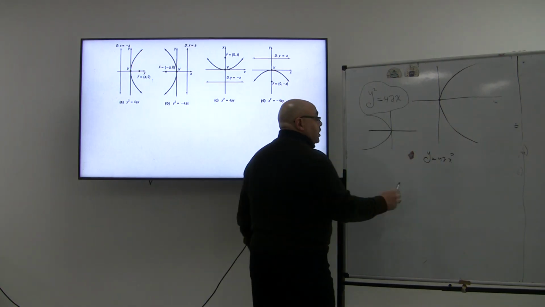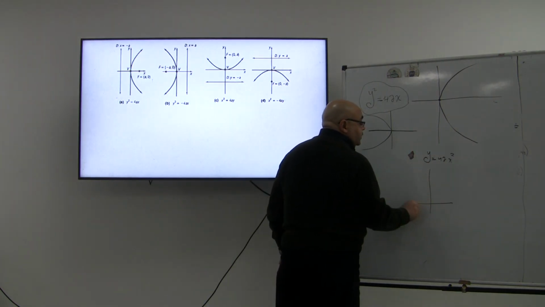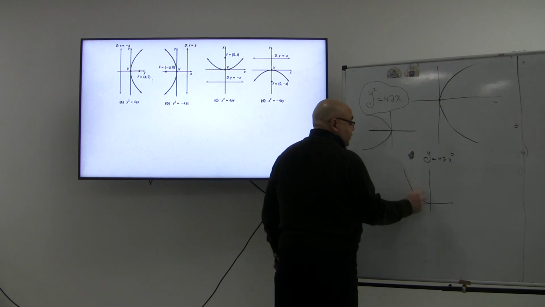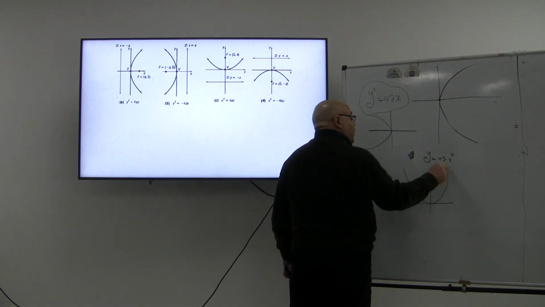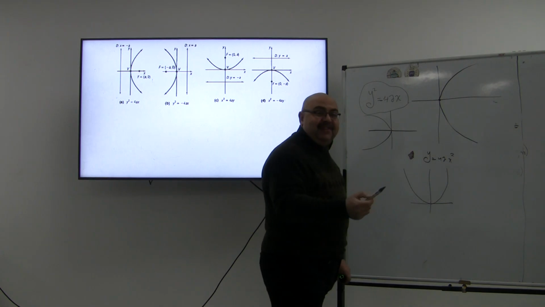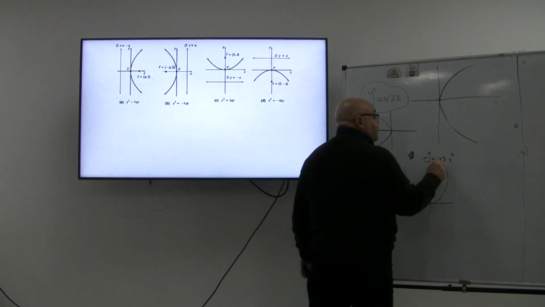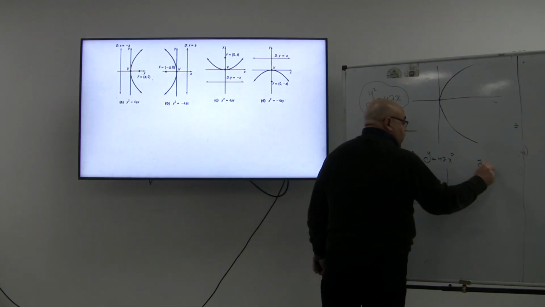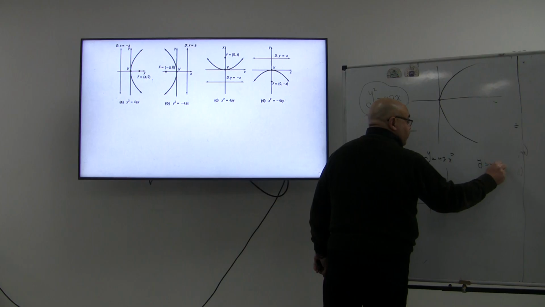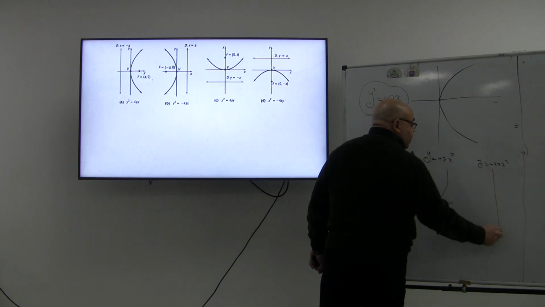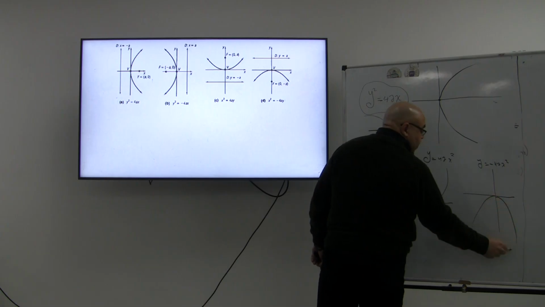So the equation is looking upward, so it's going to come up like this, which you are familiar with from your quadratic functions. And if I have a negative sign, y equals negative 4a x squared, then the shape will be symmetric about the y, but looking down.